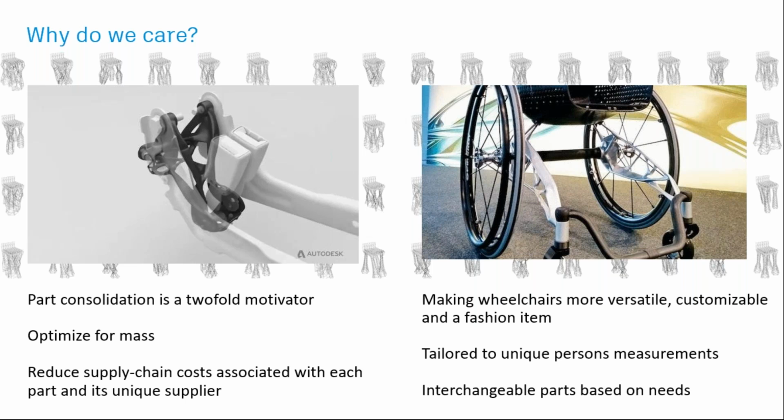So as this person grows, presuming that the disability starts out at a younger age, the components can be tailored for a lighter, smaller framed individual, and then be swapped out as the person grows. And then, interchangeable parts based on needs, whether that is, again, something to do with the person growing, or whether it has something to do with a change in particular needs as far as how they're perhaps using the chair.